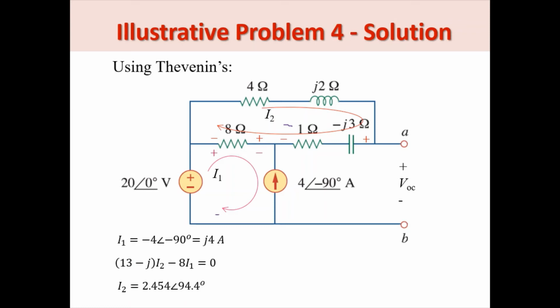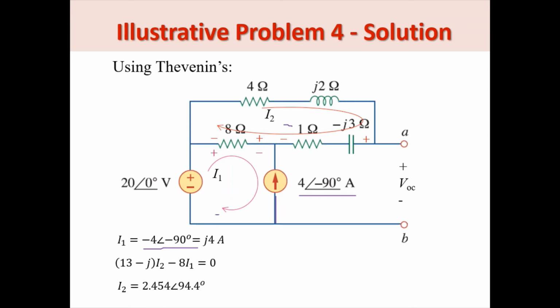So we proceed to write the mesh equations for a loop involving I sub 1. We notice that I sub 1 immediately becomes the negative of this current source, because the current here is already 4 angle negative 90 amperes.